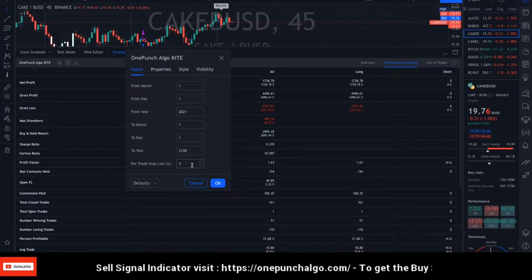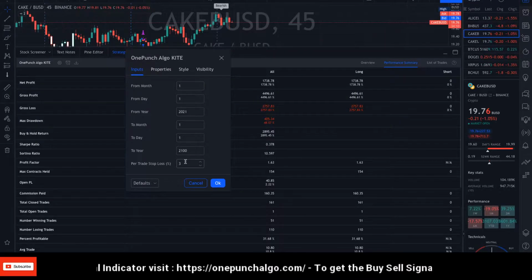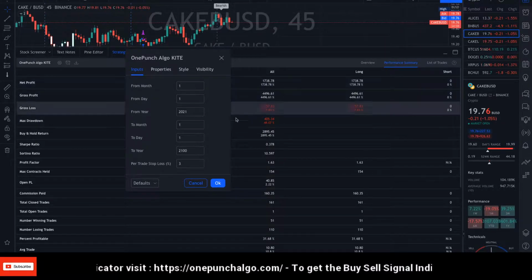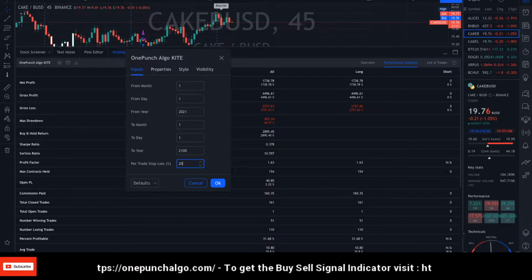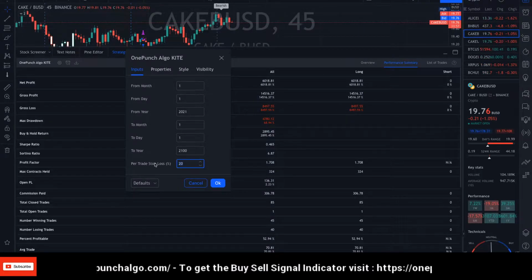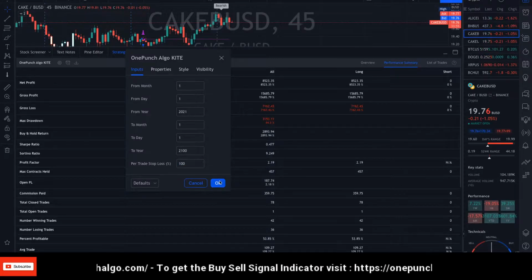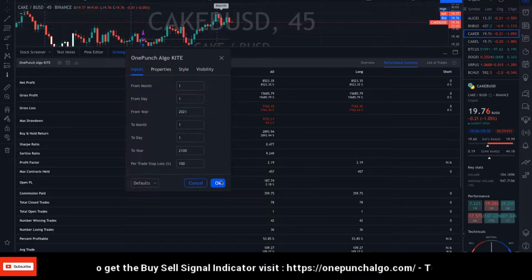So this 3% stop loss will reduce your income or the net profit using this algorithm vastly. So that's one thing to consider. Even if you put 20, still lower than what you had before. So the default setting is always 100, so you are welcome to use whatever stop losses you want.